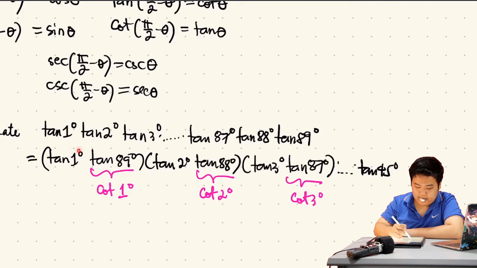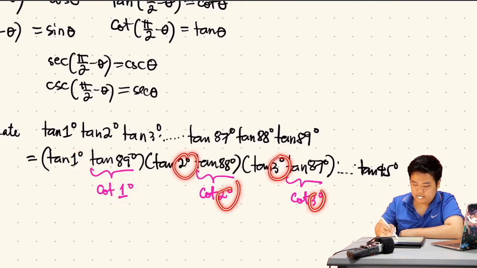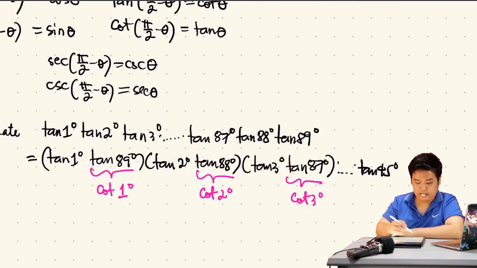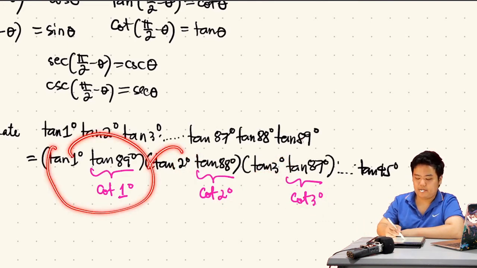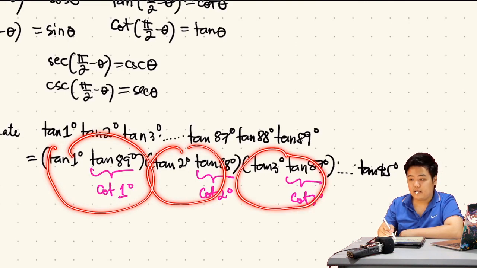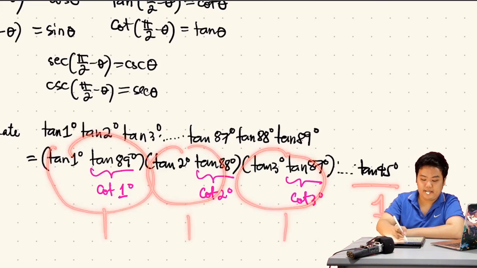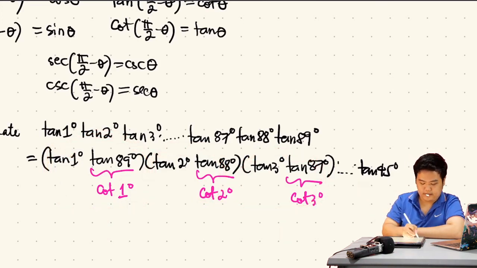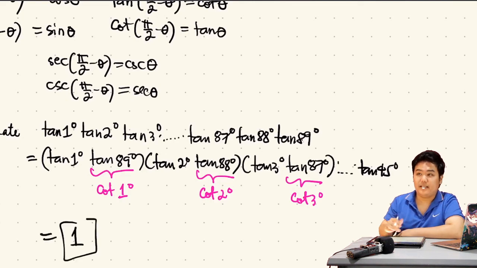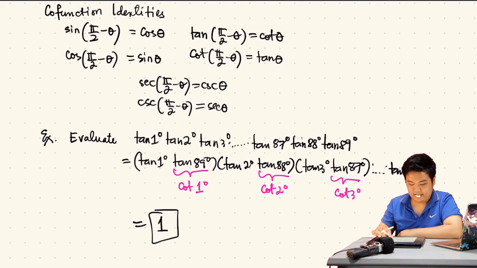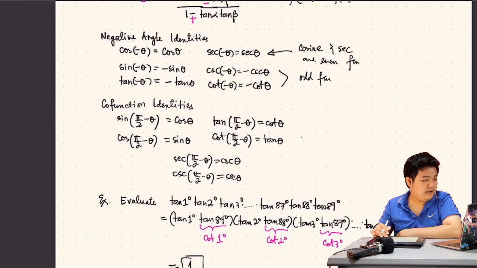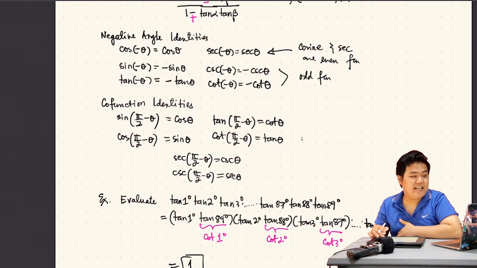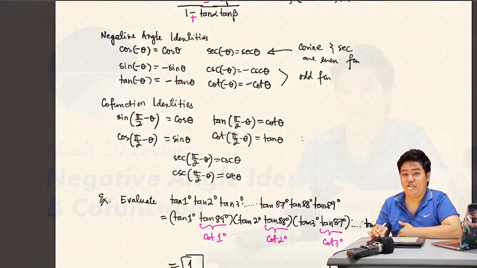Ayan, tignan nyo, same angle, tapos tangent, cotangent, reciprocals. So, ang value nito is 1 times 1 times 1. And tangent 45 is also 1. So, 1 times 1 times 1 up to here is 1. So, the answer is 1. Yay! And that ends our lecture or our mini talk on negative angle identities and cofunction identities.